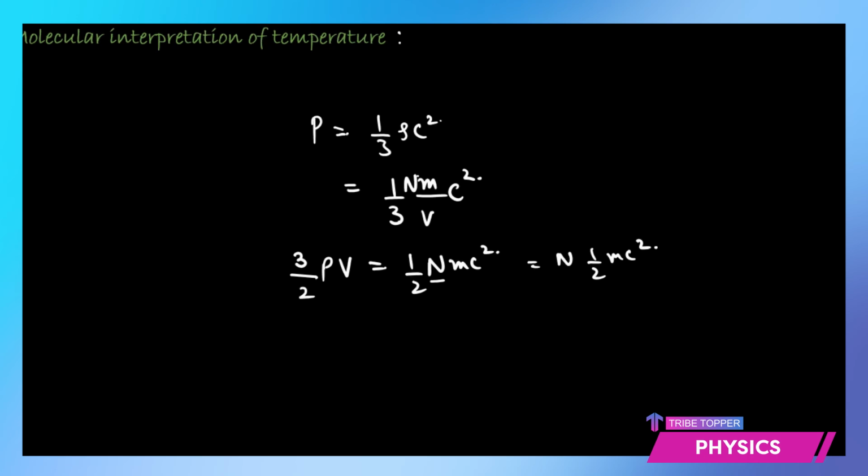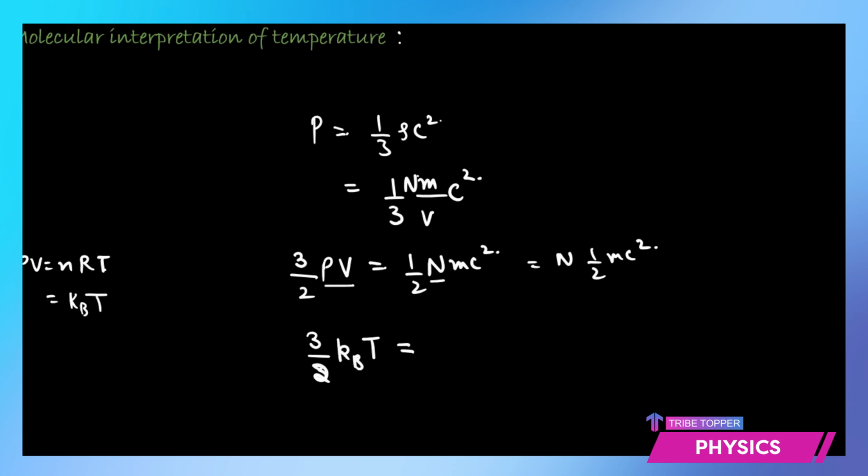That gives us the kinetic energy. And what is 3 by 2 PV? PV is kBT, because you have done the equation PV is equal to nRT, or it can also be written as kB into T, Boltzmann constant times temperature. So this can be written as 3 by 2 kBT.